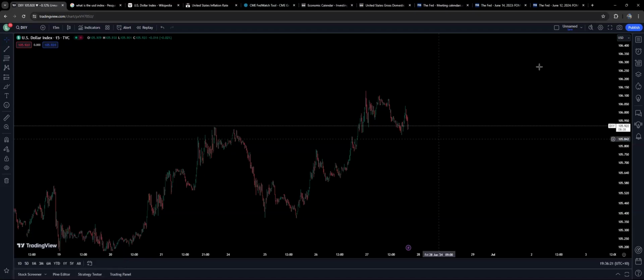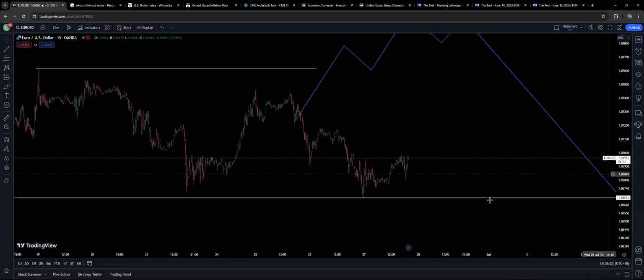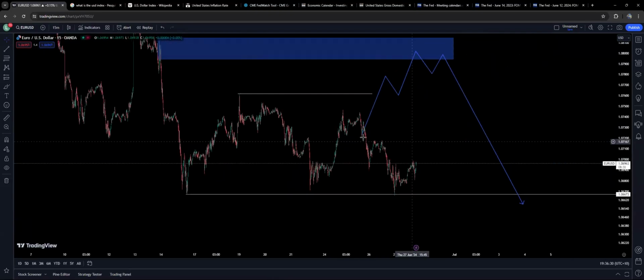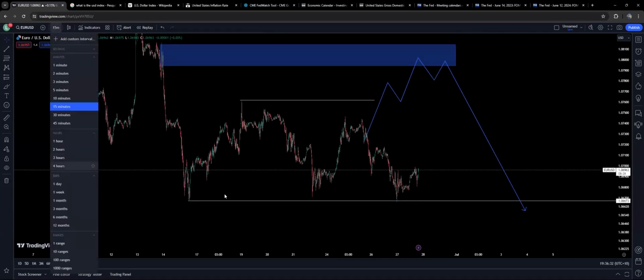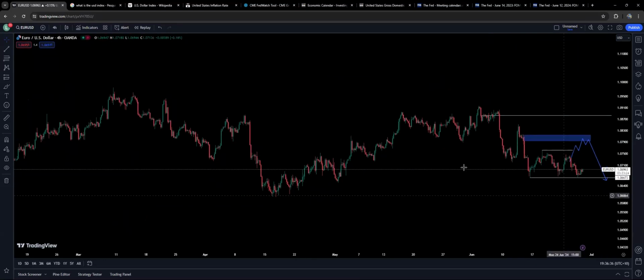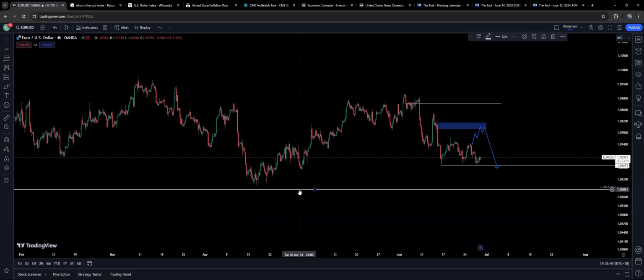Okay, so let's have a look at euro dollar. If it loses this ground here of the 106.67 level, we could potentially see euro dollar coming to the next levels of 105. I have been talking about this for a while already.